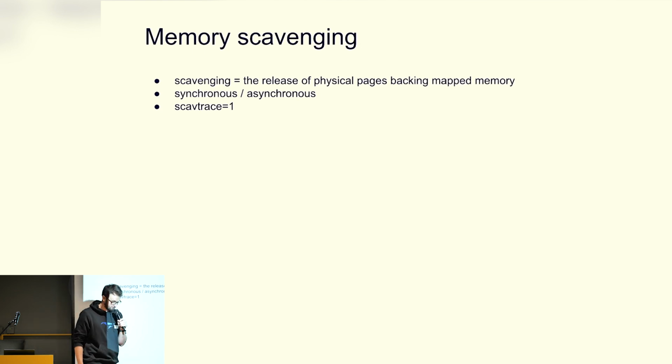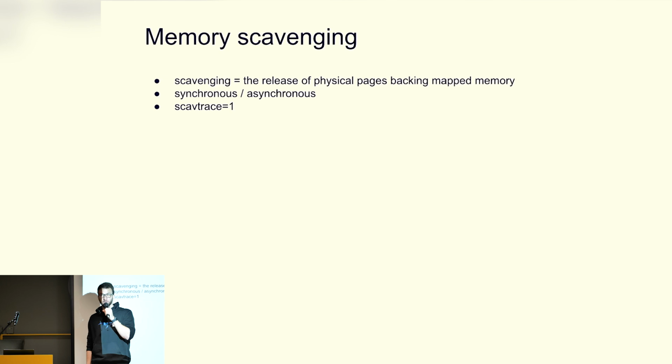There are two of them. One is synchronous and one is asynchronous. The synchronous is triggered each time before another allocation by the garbage collector happens. So before the allocation happens, the scavenger checks if it can free up some memory or if it should free up some memory. And after that, the garbage collector can continue to allocate. There is also an asynchronous one, which runs in the background as expected.